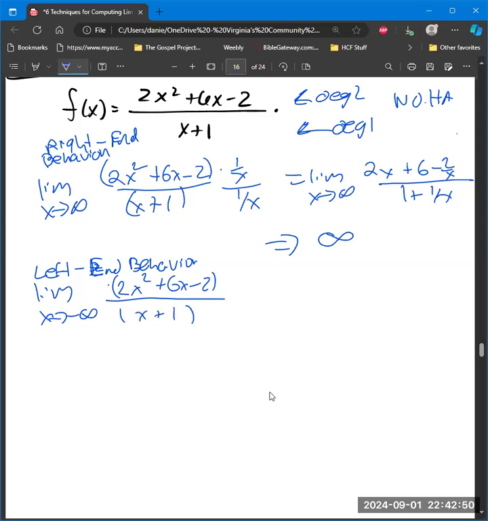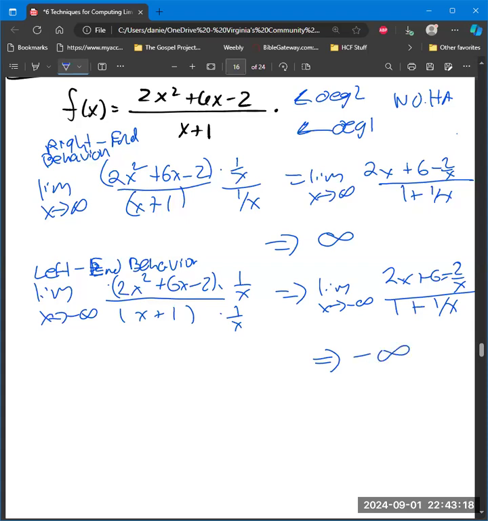Going to multiply by 1 over x. And this is going to be limit as x goes to negative infinity of 2x plus 6 minus 2 over x over 1 plus 1 over x. So this is going to become a negative infinity up here over a positive 1. It's going to go to a negative infinity here.